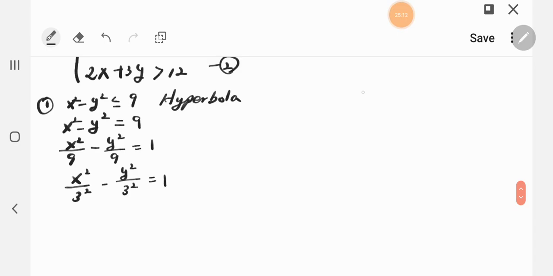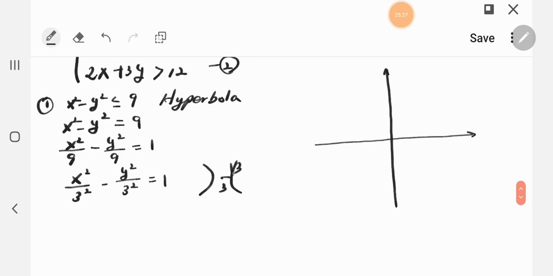So if we graph this, x comes first. The graph should be something like this, and this is the center. This will be 3, this will be 3, and the focus will be this length, so probably around here.